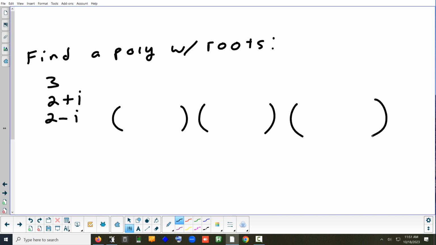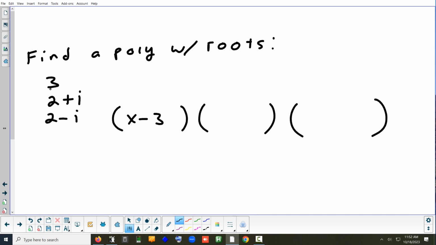Okay, let's start with the first one because that's the easiest one, and then we'll apply it to the next 2. If 3 is a root, or 0, what could I put as a factor? So when I fill 3 in, it comes out to 0. X minus 3. Now let me say that a little more generally. X minus the root.